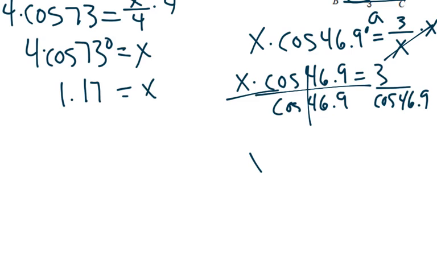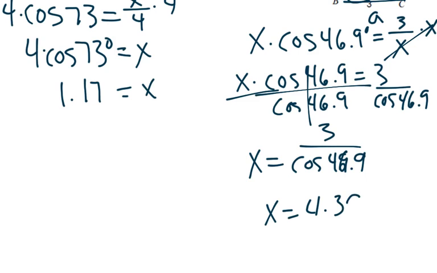So those cancel. We're left with x equals 3 divided by the cosine of 46.9. And I just type that in my calculator. 3 divided by the cosine of 46.9 degrees. And that gives me 4.39.